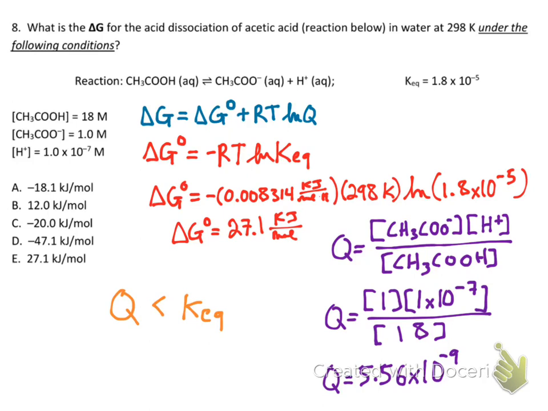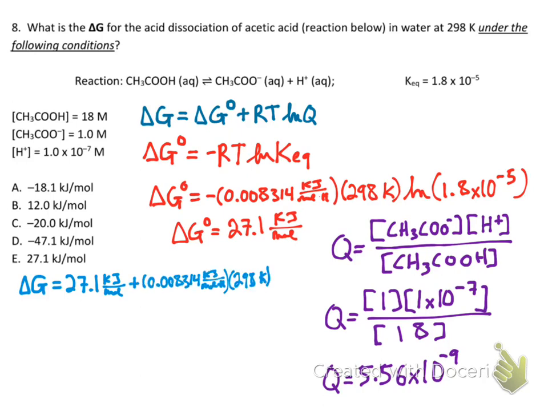So now let's plug in and solve for delta G. Using this equation up here, delta G is equal to delta G standard, which we solved for, 27.1 kilojoules per mole, plus RT times the natural log of Q, which is 5.56 times 10 to the negative ninth. I almost like to think of this as the correction factor to make up for our value of Q. Let's see what we get.